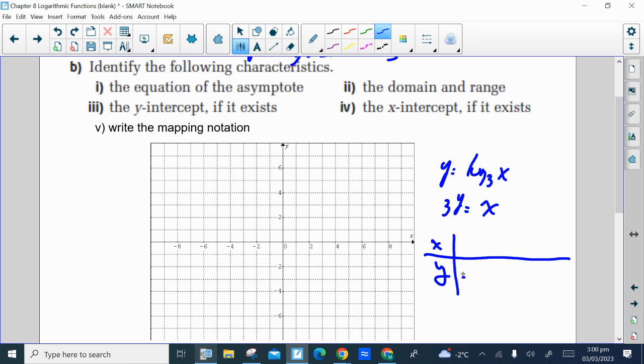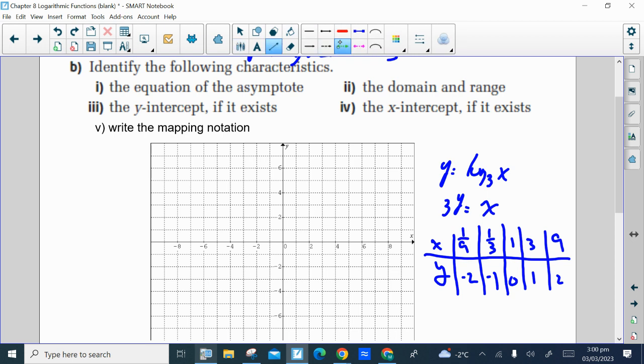Once again, starting with y values. 3 to the negative 2 will be 1 over 3 squared, or 1/9. 3 to the negative 1 will be 1 over 3. 3 to the 0 is 1. 3 to the 1 is 3. And 3 squared is 9. So this gives us points for our base graph.